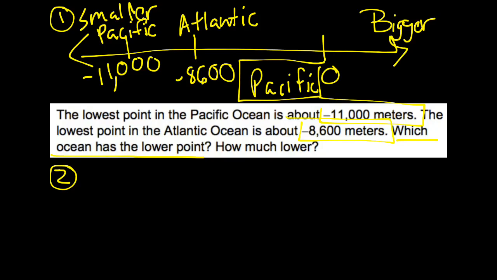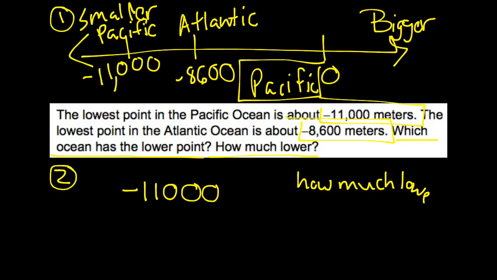Question 2 says, how much lower is the Pacific than the Atlantic? So if I take negative 11,000, which is the Pacific, how much lower? How much lower many times means to figure out subtraction.